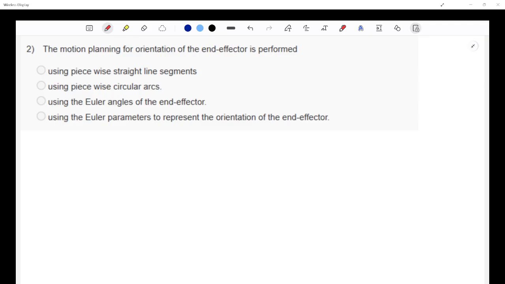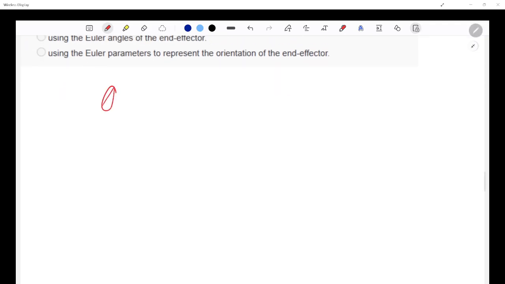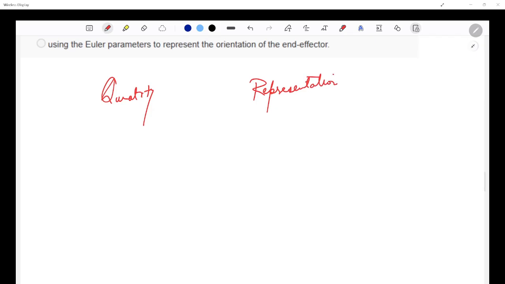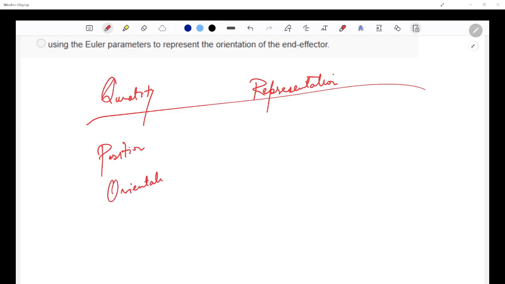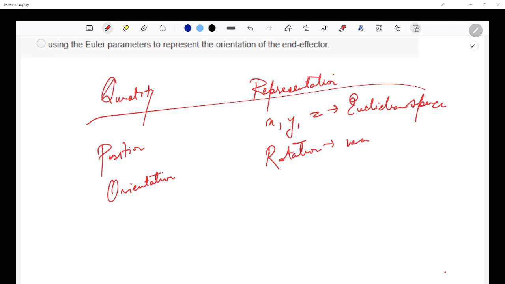The core idea here is motion planning for position and orientation are fundamentally different, in quantity and representation. If I talk about position, x, y and z are in Euclidean space. And for rotation you need a special representation.